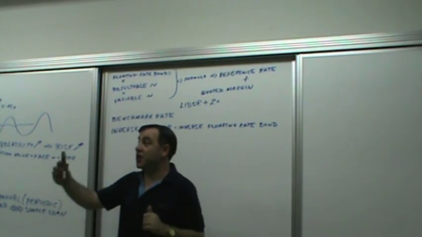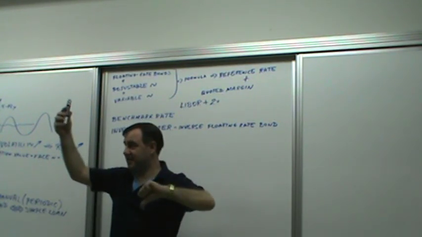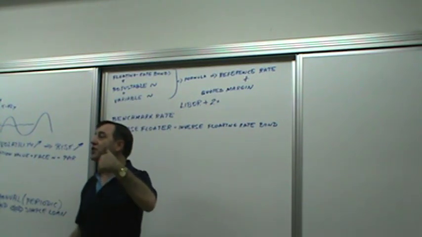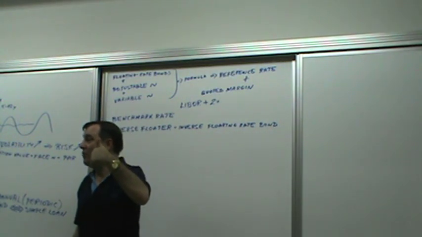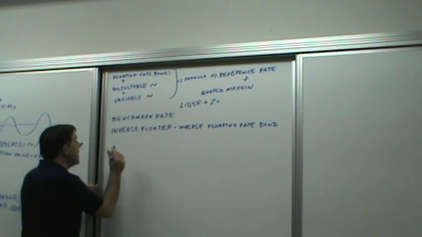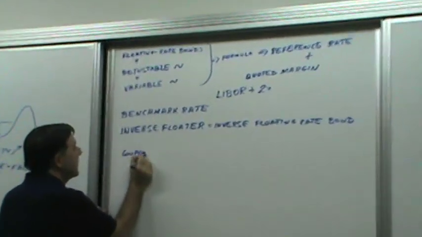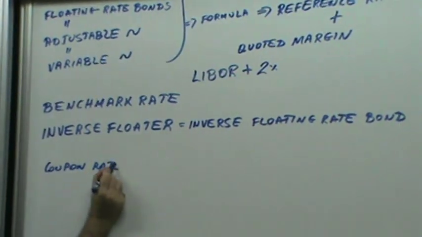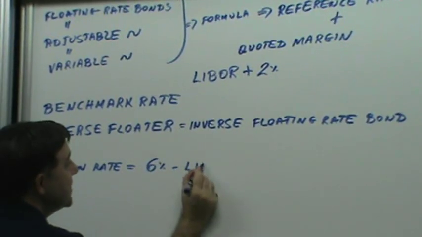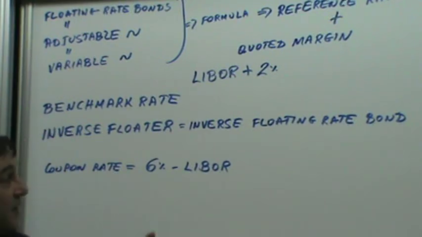When interest rate goes up, the security pays less. When interest rate goes down, the security pays more. The simplest example is a coupon rate of 6% minus LIBOR.